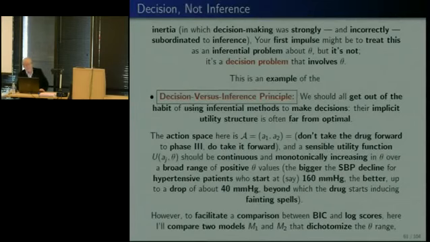Now a utility function is going to have to depend both on which action you pick and also what the truth is about theta. And in fact, if you think about it, if I developed a drug that lowered hypertensive people's blood pressure by 20 millimeters of mercury, and I had another drug that lowered it 25 millimeters of mercury, the second drug would be better than the first one for people who were severely hypertensive because it would make it easier for them to get closer to the goal of not being hypertensive anymore.